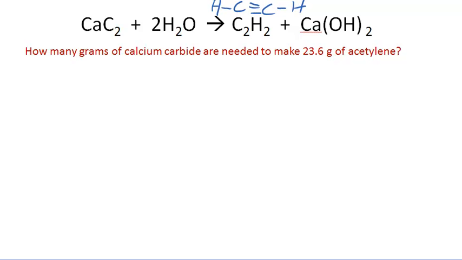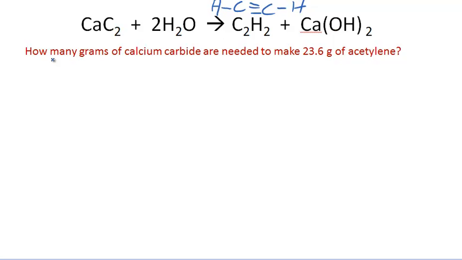It's 2 carbon atoms with a triple bond joining them, and then a hydrogen on each carbon. It's a linear molecule. It's straight as a rod. So that's acetylene, and the other product that's formed is the ionic compound calcium hydroxide.